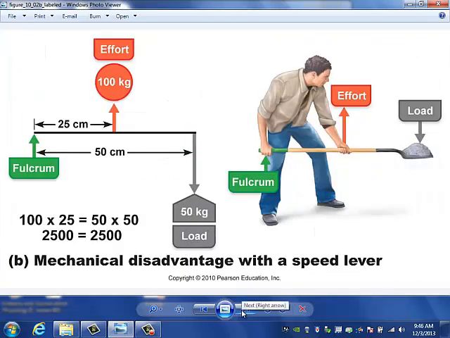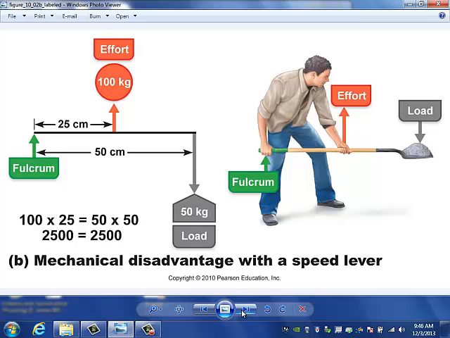Here's another example, a different type of simple machine. When we have a shovel, believe it or not, it's a simple machine. If I asked you to go pick this up with your hands, could you do that? Yeah, it would be hard to do that, right? So you use this simple machine to lift this load. We have the same parts, but they're in different places.